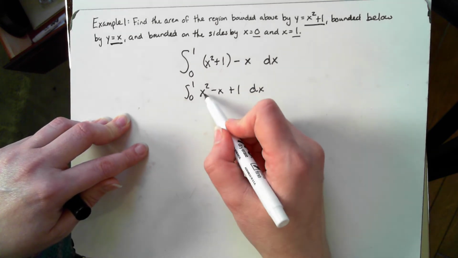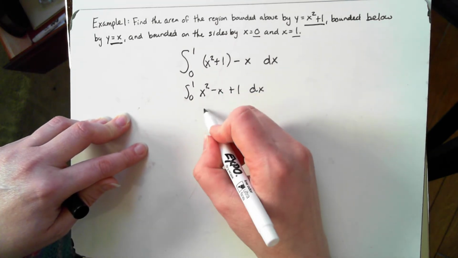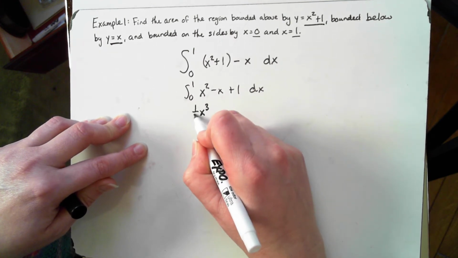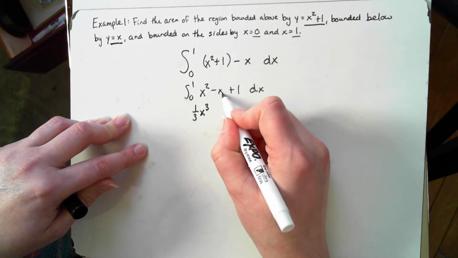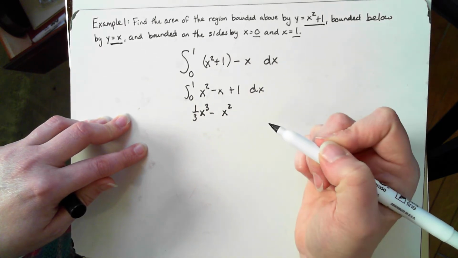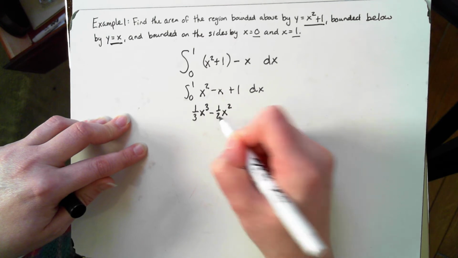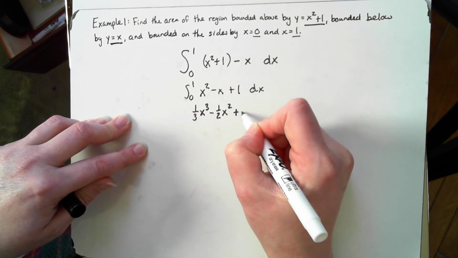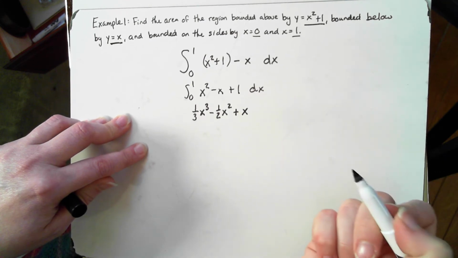So for the integral, I'm going to use my power rule. Go up by 1 on the power of 2, so it's x cubed, and then divide by that power. For this x, I'm going to go up by 1 on its power, so squared, and then divide by that power. And last, this 1 is a constant, so I'm just going to write 1x, or just plain old x.